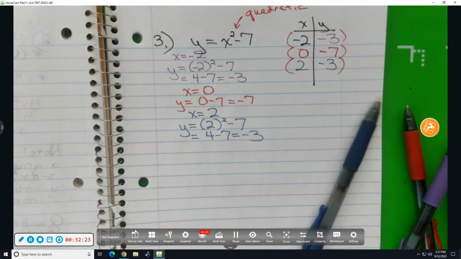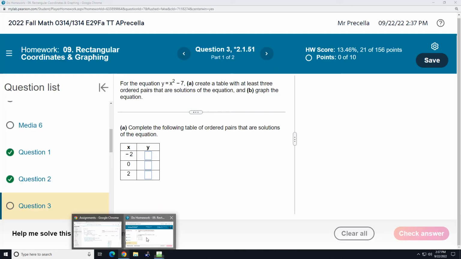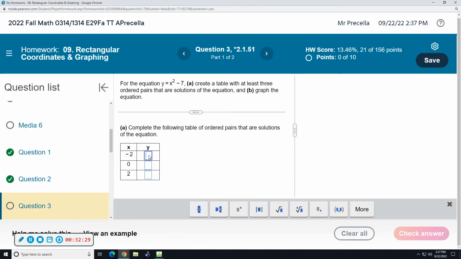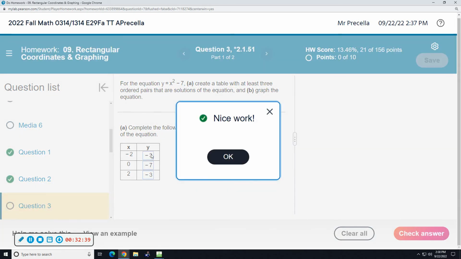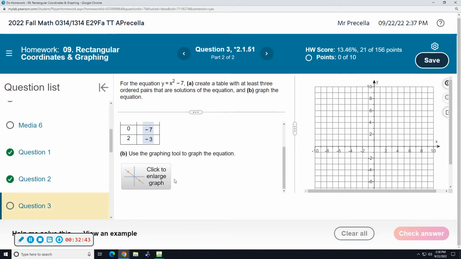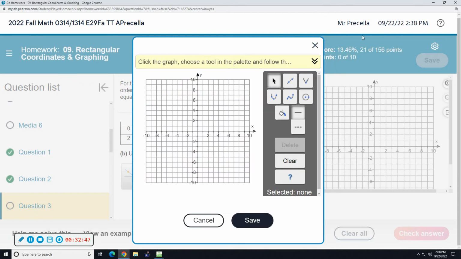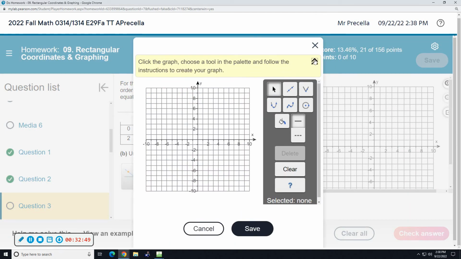Let's see, we come over here, and we've got a -3, a -7, and another -3. Check my answer. And then part B, draw the graph. So there. And I'll expand those instructions.